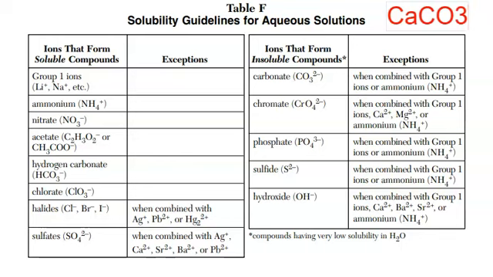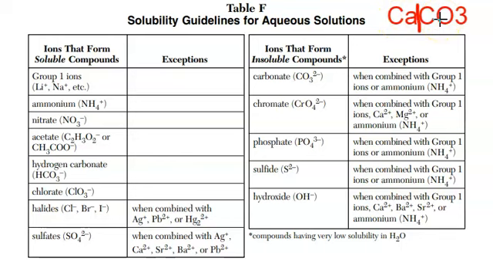This is one of my least favorite tables. Sure enough, it's going to show up on the exam, and we're looking as to whether or not calcium carbonate dissolves in water. Now, what you see on the table are ions, right? The charges. In other words, we have to look at the two ions that make up calcium carbonate. That's the calcium ion and the carbonate ion.